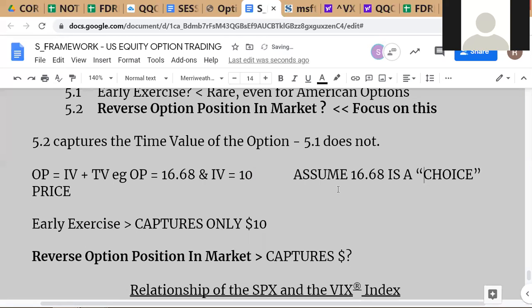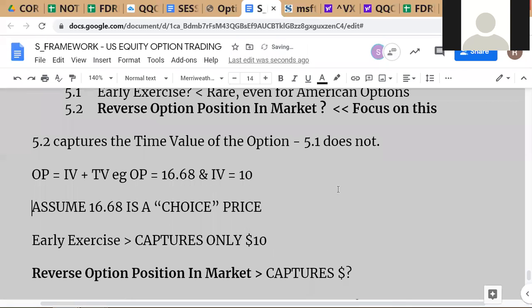So you ask him for a price on Microsoft options, a 90-day Microsoft call, 100 call for Microsoft, 90 days expiry, and he tells you that it's a choice price. Choice price means that bid is equal to offer, is equal to price.